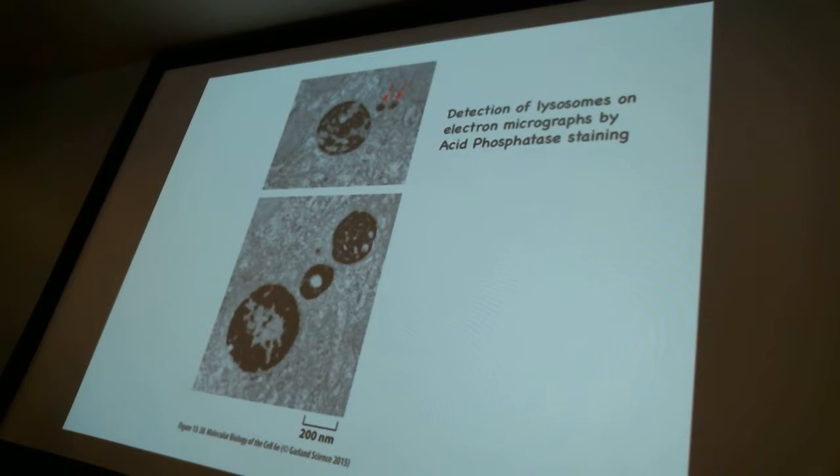You have these slices of cells and you can do a reaction. You put a substrate that gets cleaved by these enzymes. And even in fixed preparations, some of these enzymes are active enough to create this reaction here.